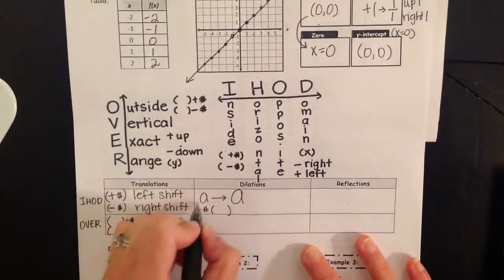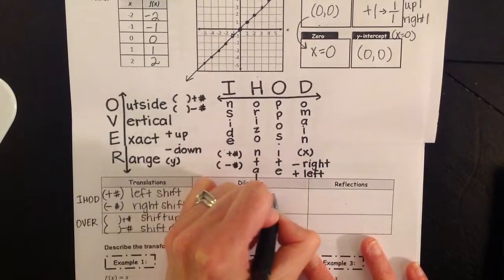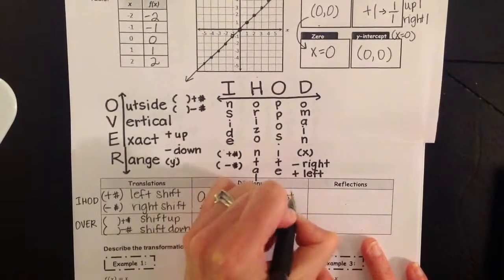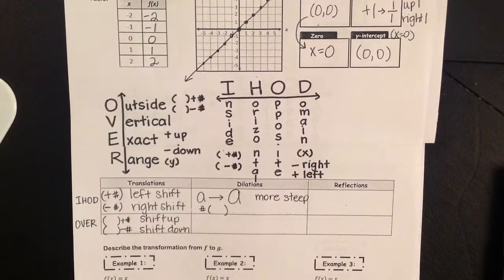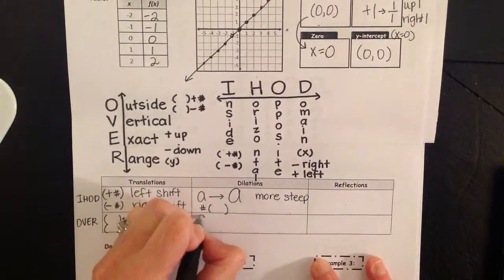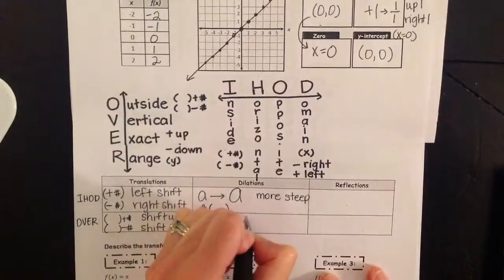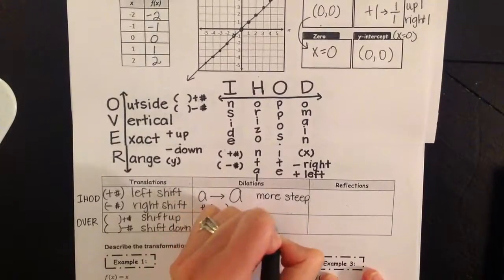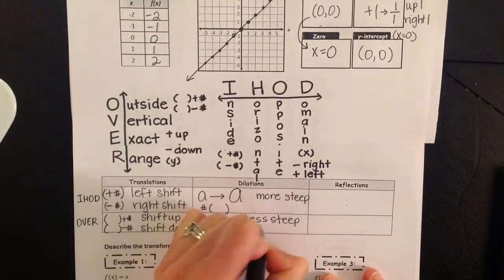If your A value is getting bigger, your line is going to be steeper. Think about a hill. If it's steep, it's getting closer to being vertical. If your A value gets smaller, then it's going to be less steep than the original line. You can also think of that as getting flatter.